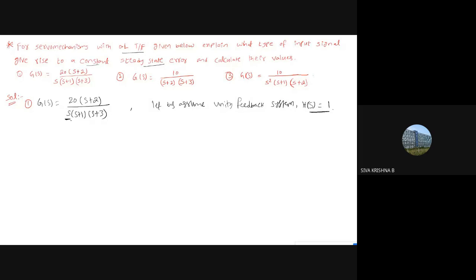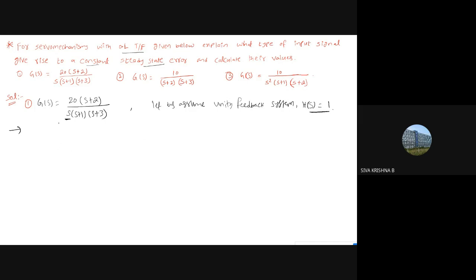It is type 1. Now, what input should we apply to get the constant ESS: step, ramp, or parabolic input? Unit ramp. Very good. So for a unit ramp input with a type 1 system, you will get the constant ESS.